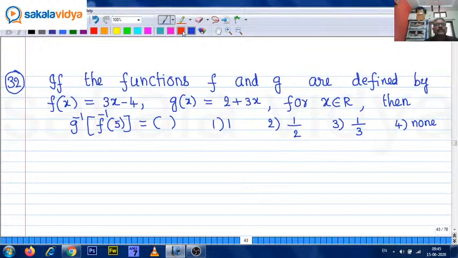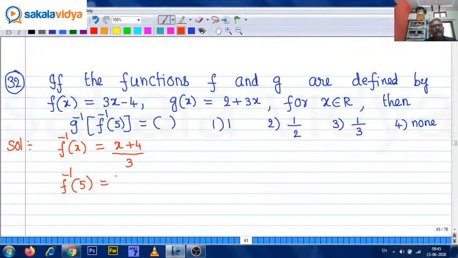So first, f inverse x means you write x in the place of minus plus, write down plus 4, x coefficient is 3, by 3. Now find f inverse 5. F inverse 5 value equal to 5 plus 4 upon 3, 9 by 3 whose value is 3.